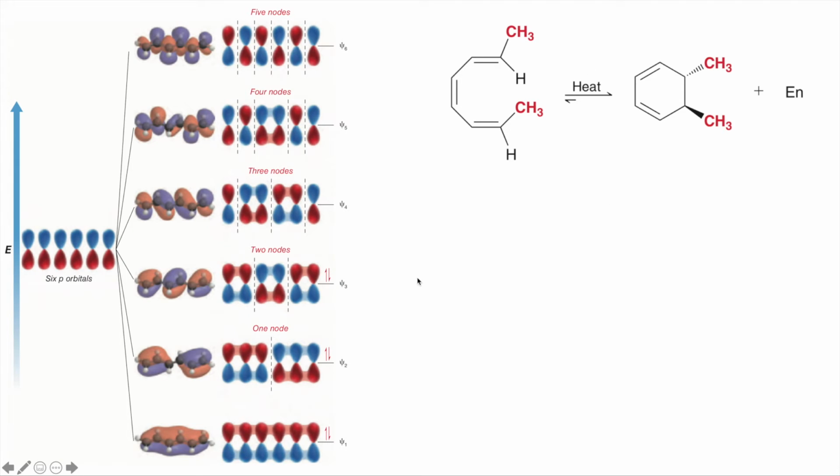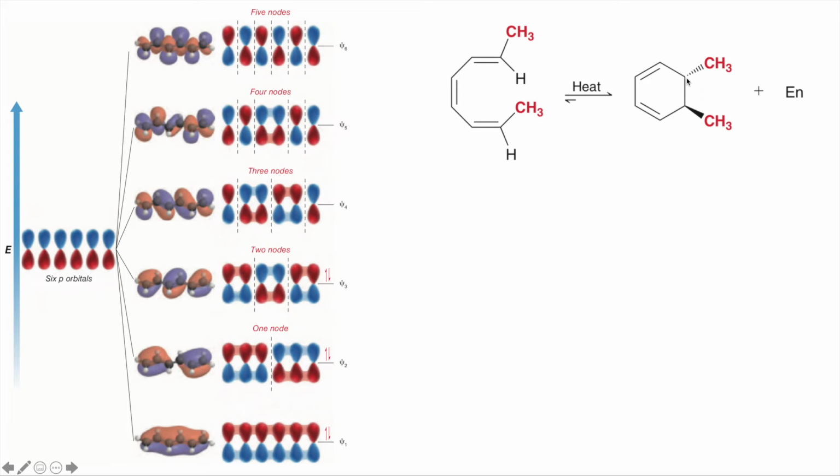So if you're using heat so that this 3rd highest energy wave pattern is your highest occupied molecular orbital, and the 2 carbon chains at the end of the conjugated system are going in the same direction, then you'll end up with those branches being trans in the ring that you form. And these are both chiral centers.